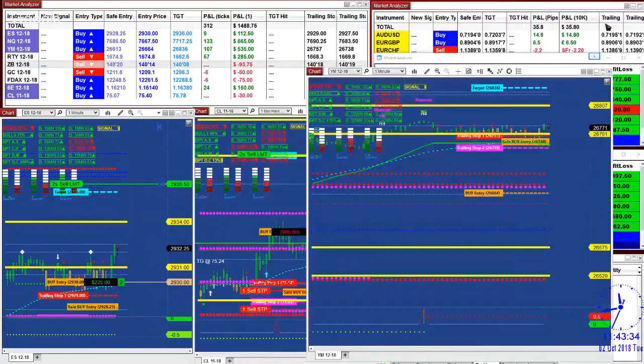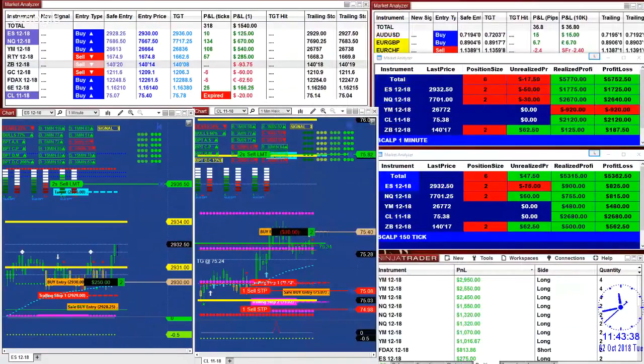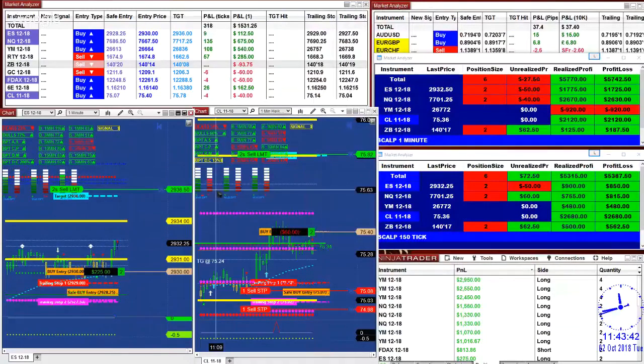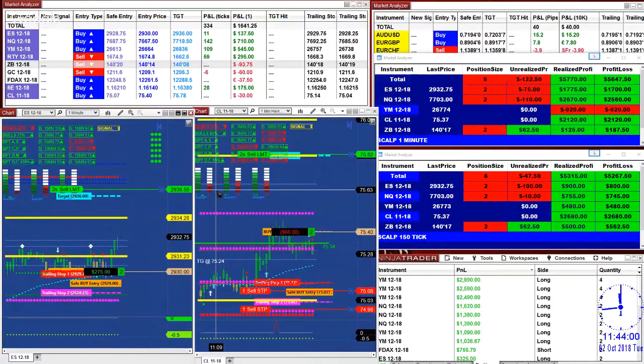So we are sitting on idle with NASDAQ and YM, and the only thing we have is the ES starting to kick in. That's fair enough. After one hour waiting on that entry signal, it finally gave in.